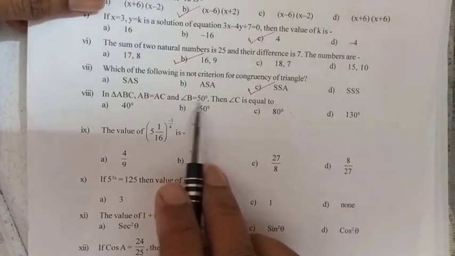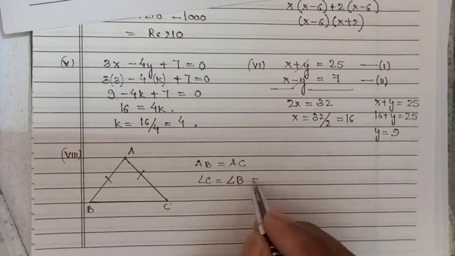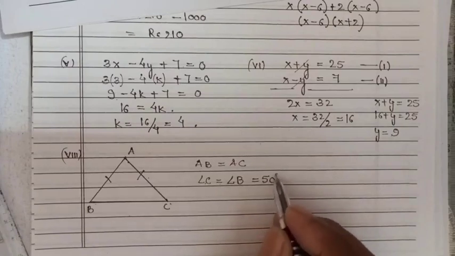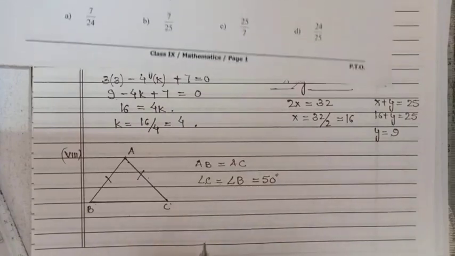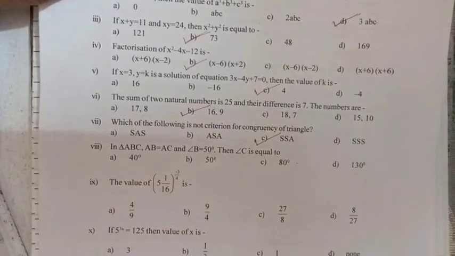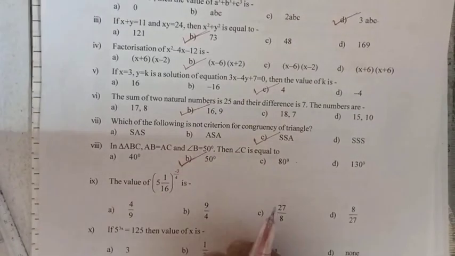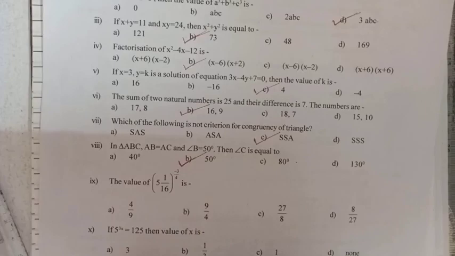So if B is 50, C will be 50. So both angle C and B will be 50 degrees. The question says you have to find angle C. So angle C is equal to 50 degrees. So this will be our option for the eighth part.